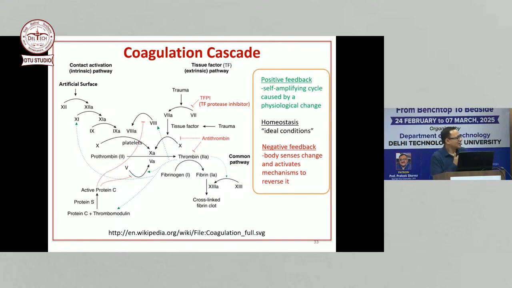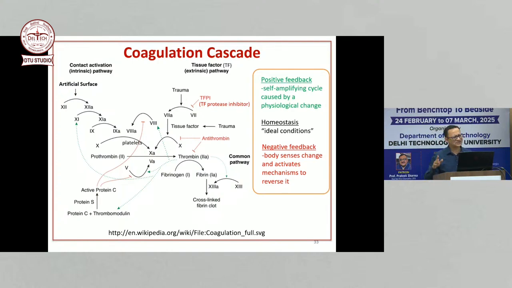Okay. Another interesting thing here is, antithrombin binds with thrombin, and once it binds with thrombin, fibrinogen is not getting converted to fibrin. And guess what? What is a common anticoagulant?